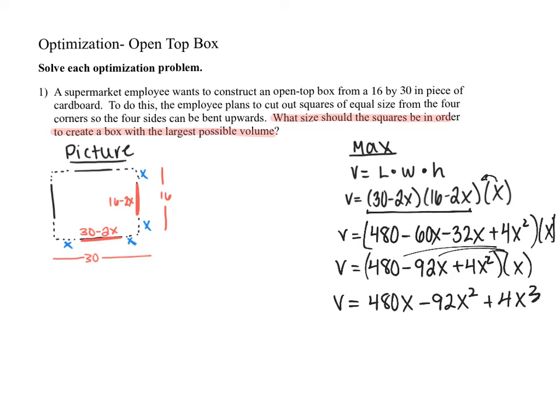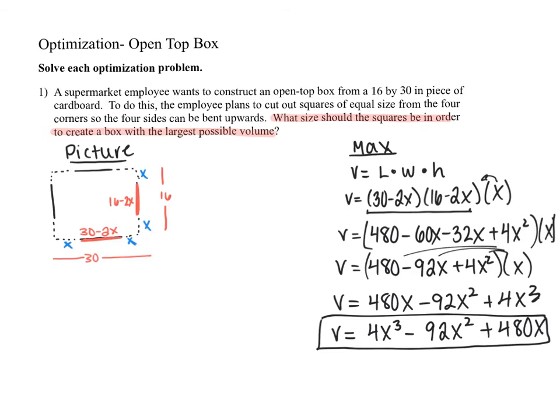I'm going to put it in decreasing exponential order. So 4x to the third minus 92x squared plus 480x. So this is my simplified equation that I'm going to have to maximize or take the derivative of.